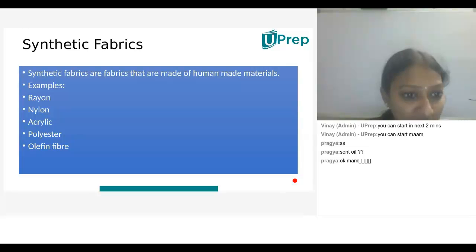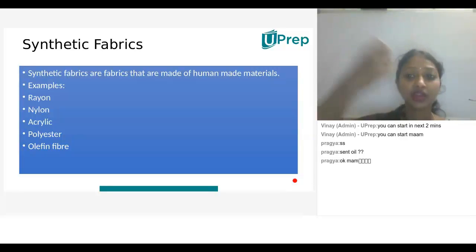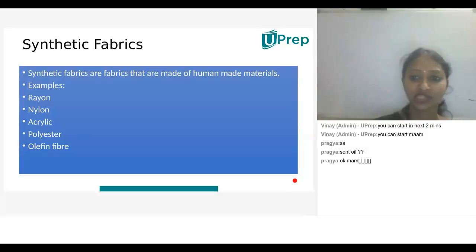So when we consider natural fibers, they are very costly. The best example is khadi products. What do you mean by khadi products? Pure cotton, which is woven by hand, not with a machine.